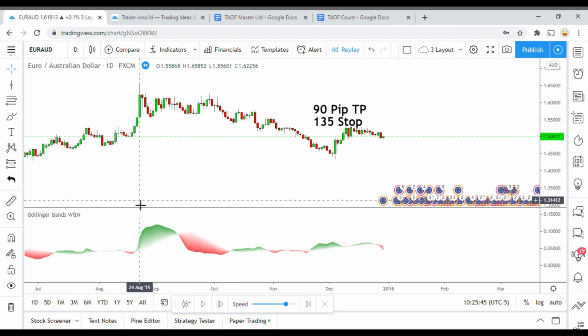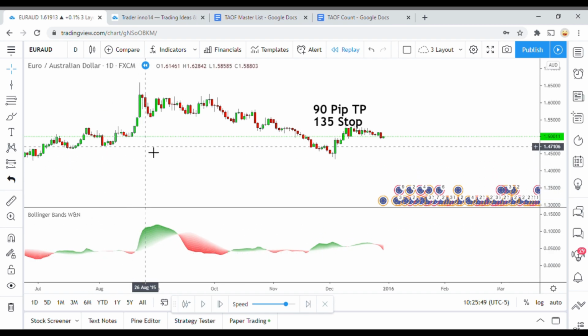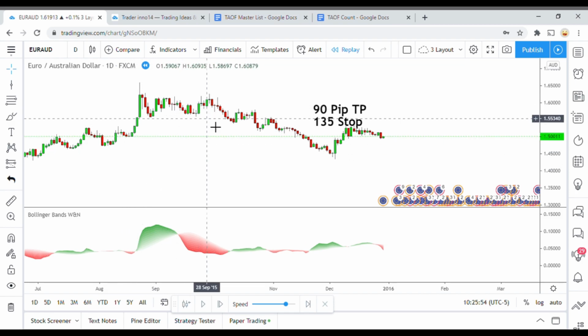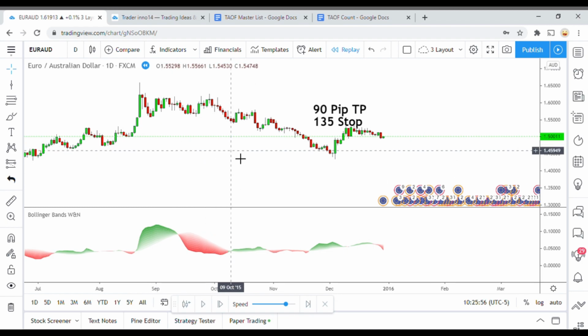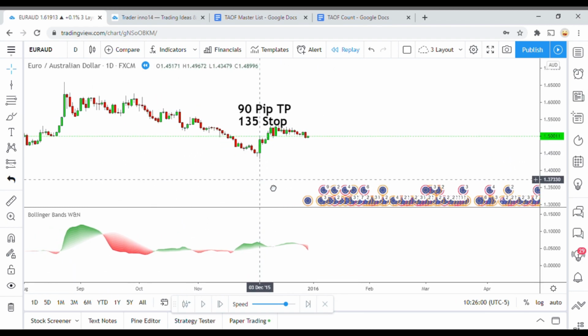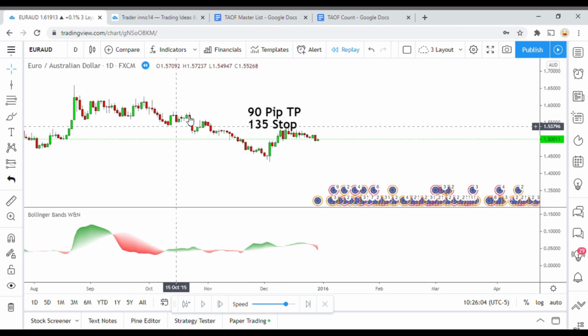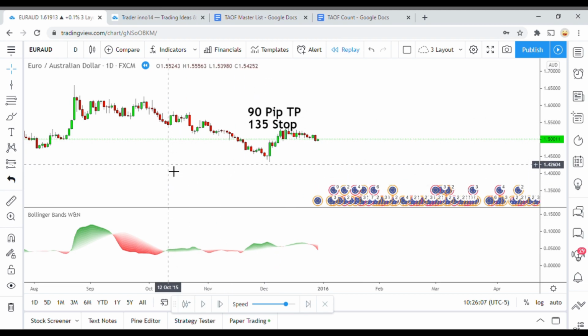The way I'm going to test it today is as it goes green, we are going to go long. That's going to be a long signal. As it goes red, that's going to be a short signal, and we will go short. We'll give that a try and see how it works. And then again, at the end, if it hasn't produced a reasonable win-loss ratio, then we can possibly attempt to try this in another way.